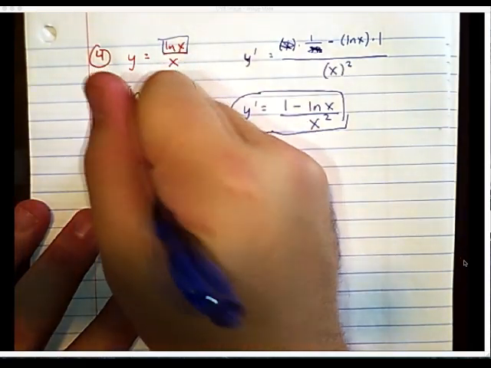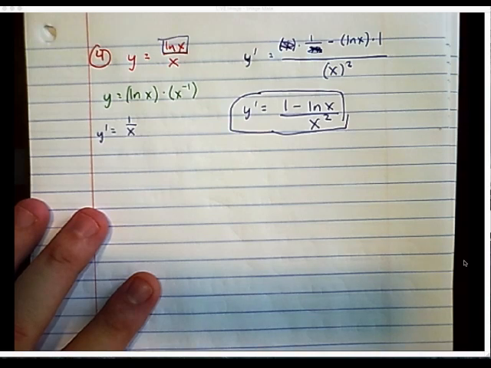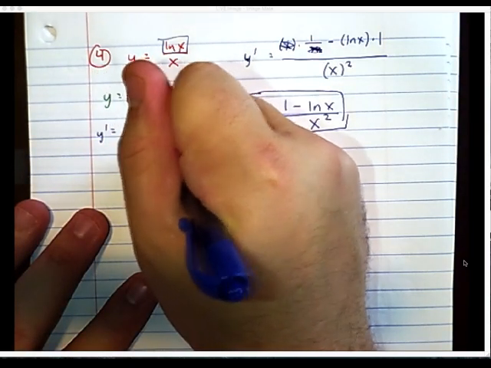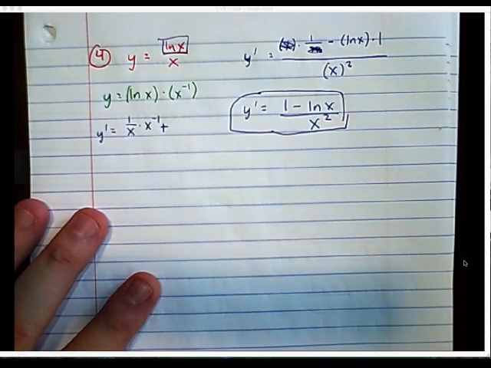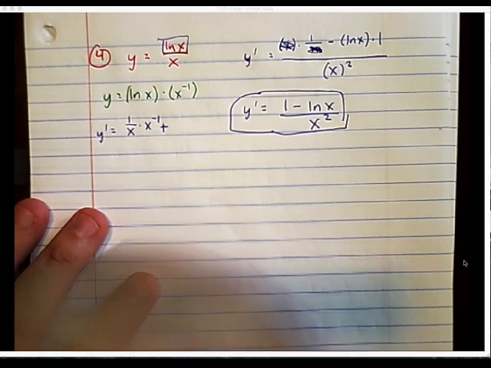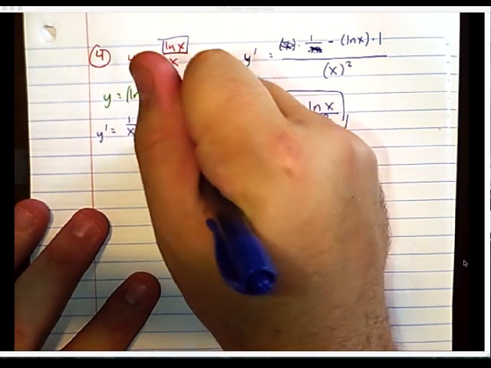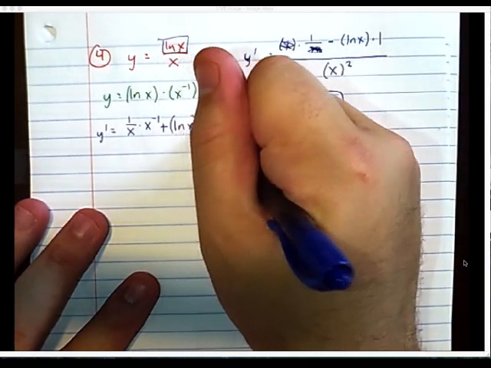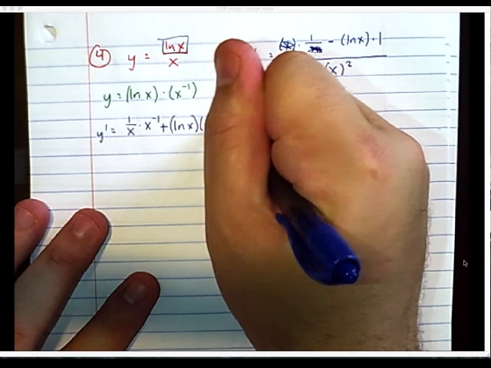So the derivative of ln of x is 1 over x times the second, always a plus, with the product rule, okay, plus the first times the derivative of the second, so negative 1x to the negative 2.